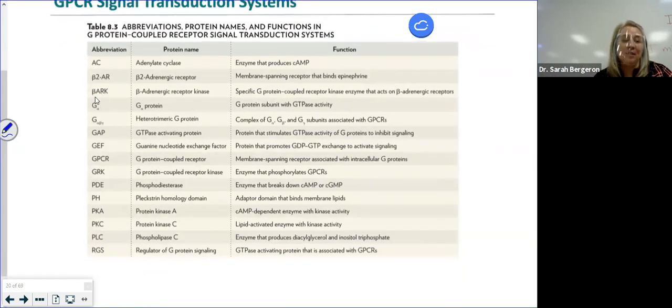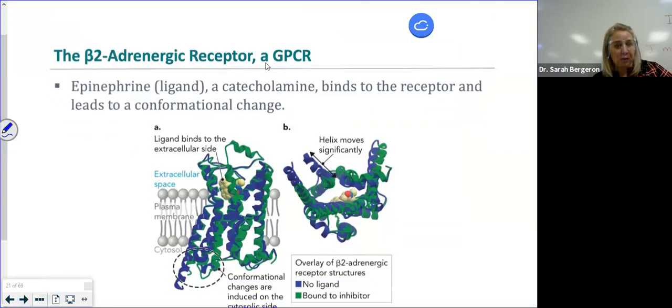So we're going to talk today about some of the things that are associated with the G protein coupled receptors. We're going to talk about adrenergic receptors, a bunch of these different portions. We're going to take one example to start with.